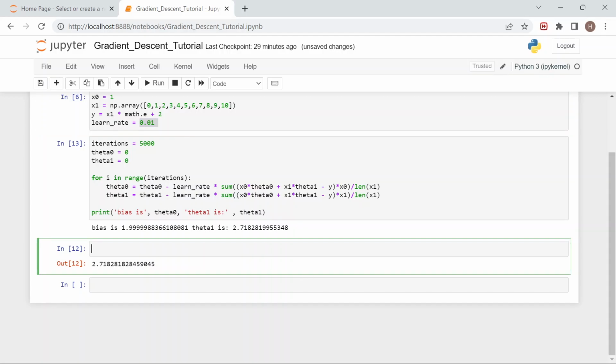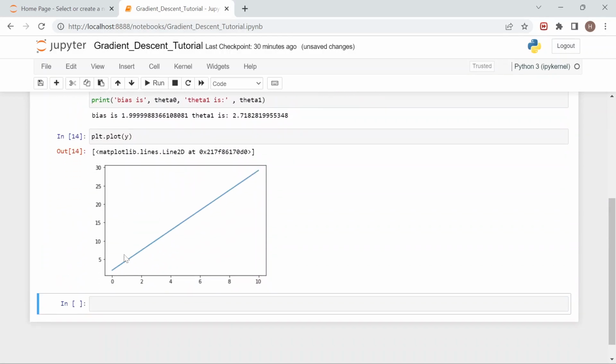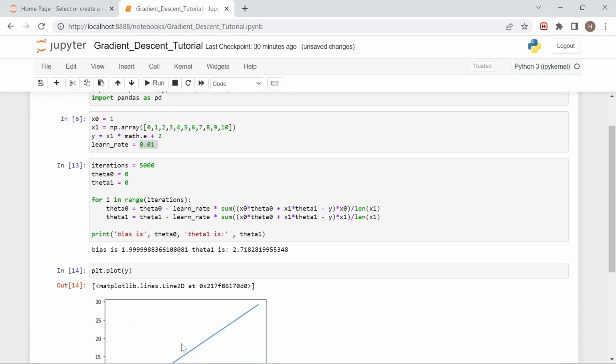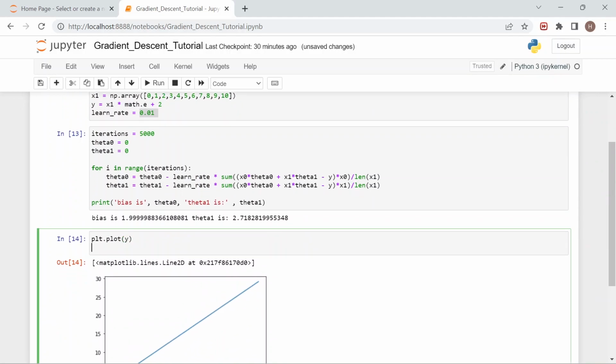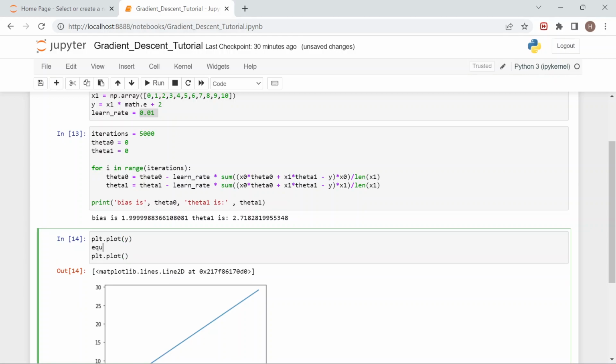But now let's do another thing. So let's do plt.plot. We will plot y. So this is our y that we fed into the computer, and then we will also plot what it will be. So the equation is y equals mx plus c, right?